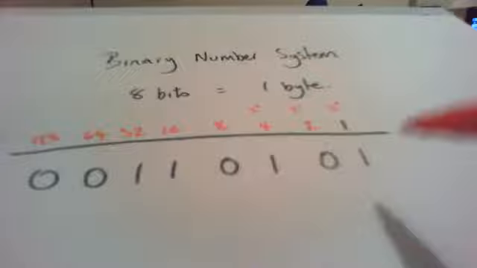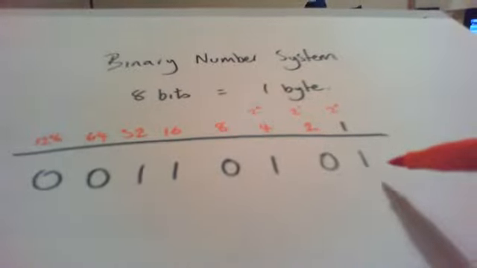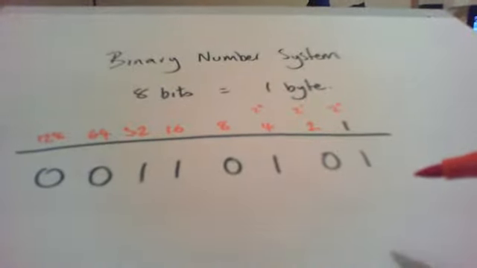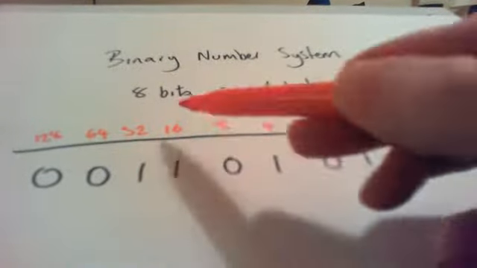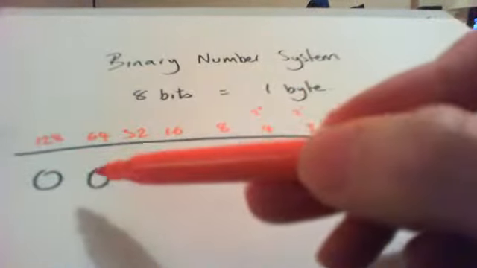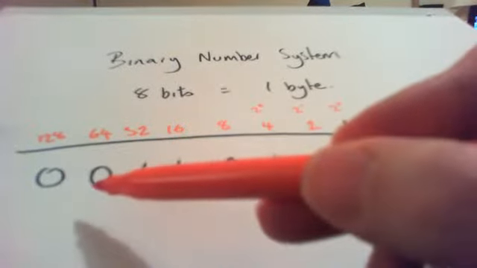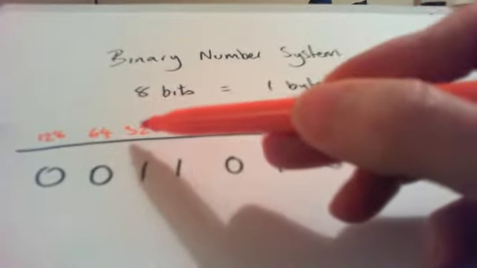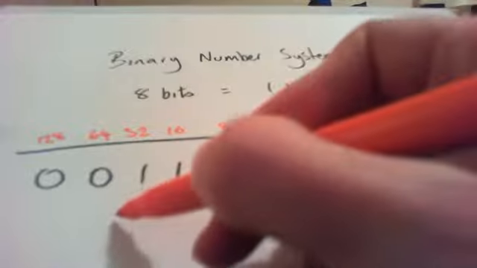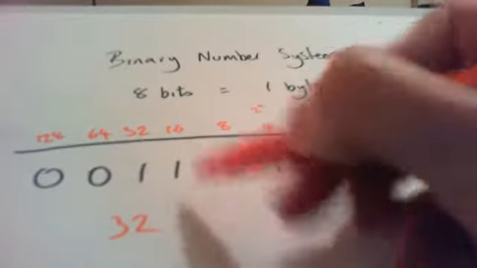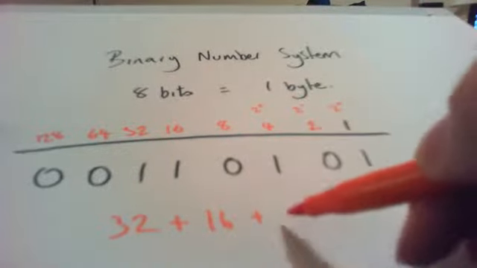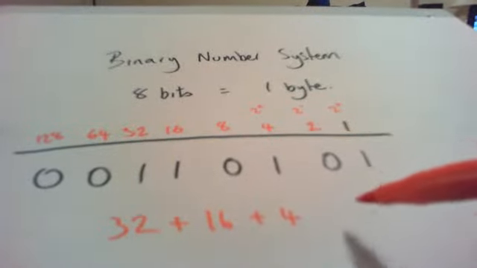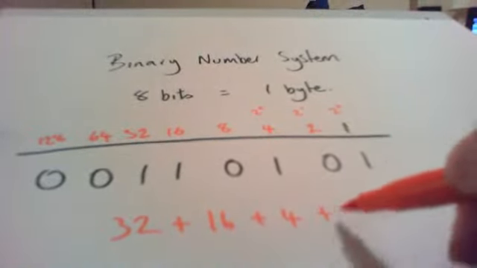Now, all you have to do to work out the decimal equivalent of this binary number is to have a look at the columns that have got 1s in. We're not interested in the zeros because we have none of these columns. So what we've got is 1 lot of 32 plus 1 lot of 16 plus 1 lot of 4 plus 1 lot of 1.